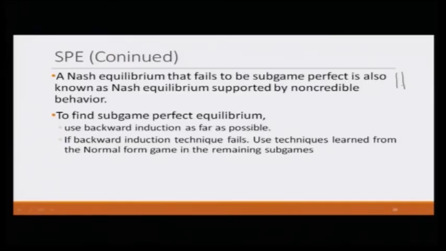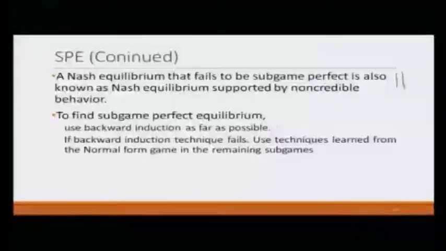So, if I want to give you the basic rule to obtain a subgame perfect equilibrium, use backward induction first. If you can use backward induction, well and good, the equilibrium you get would be a subgame perfect equilibrium, if you are mindful of the strategies of players.